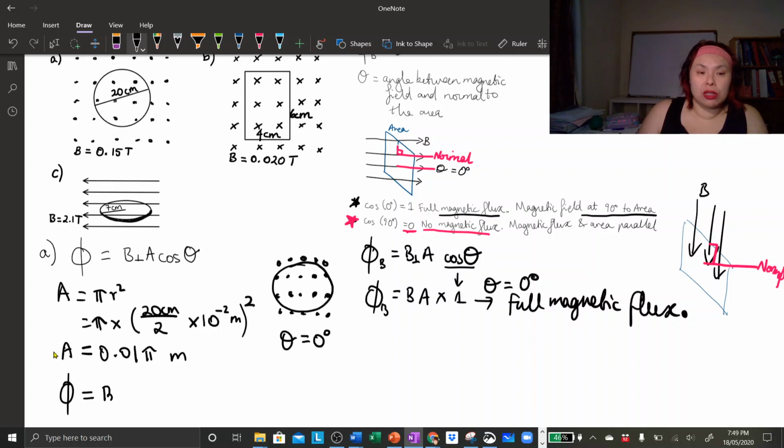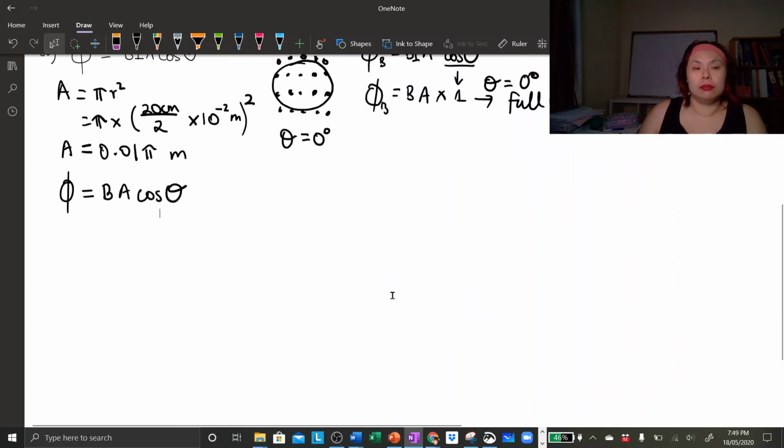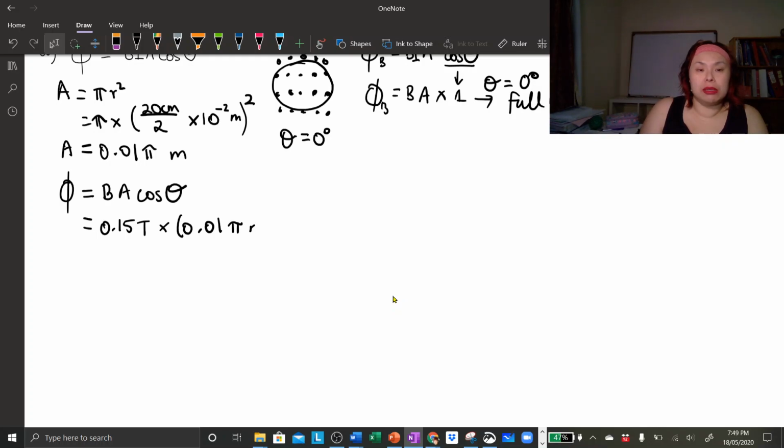So it'll be the strength of the magnetic field multiplied by the area multiplied by cosine theta. The magnetic field strength was 0.15 Tesla multiplied by our area of 0.01 pi meters squared, and then multiplied by cosine of 0 degrees.